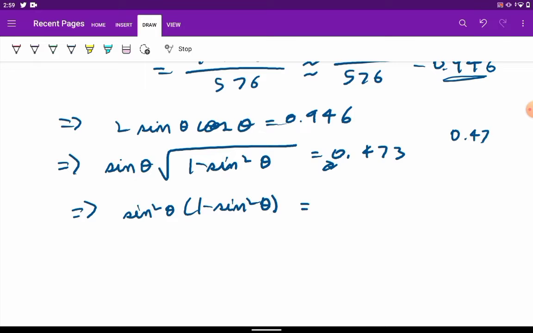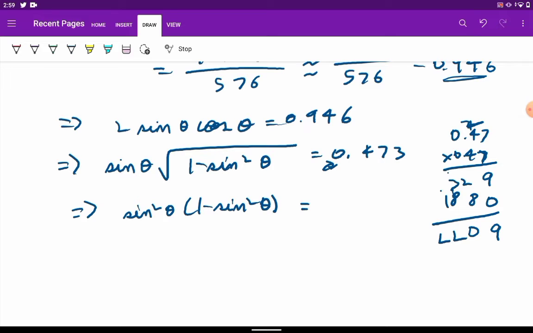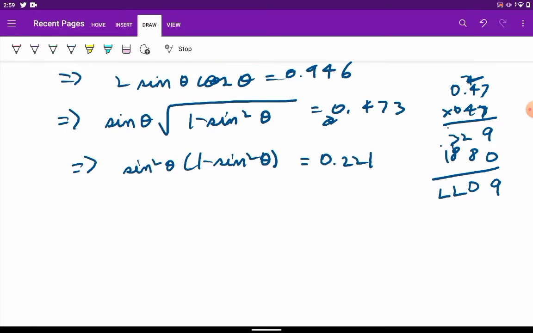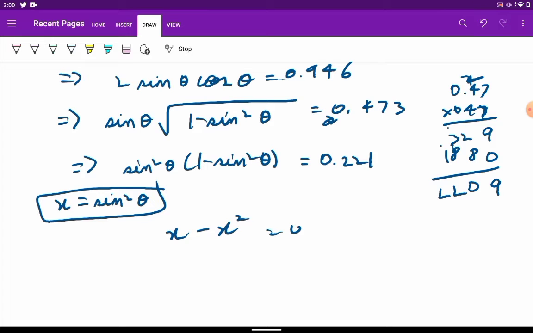I'll just use 0.47 into 0.47, which is 0.221. Let's say I consider x equal to sine square theta, so x minus x square equals 0.221.